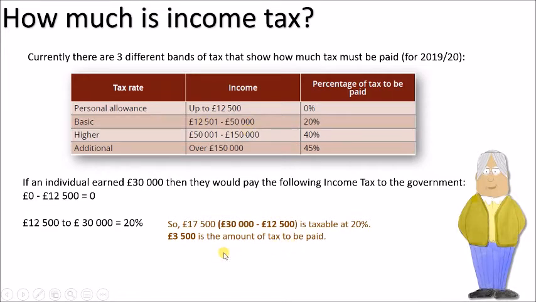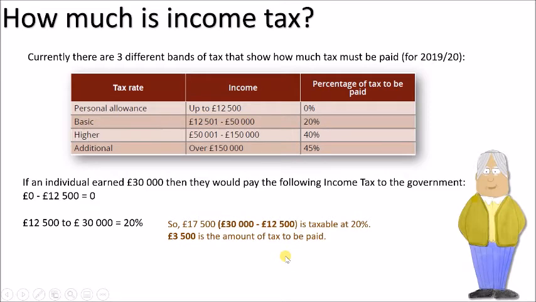So now I know that this person needs to pay 20% tax on their 17,500, their second slice, so that's that portion in the middle. I now need to find out 20% of 17,500. If I use a calculator, I type in 17,500, multiply by 20 and press the percent sign, and that gives me the answer, 3,500.